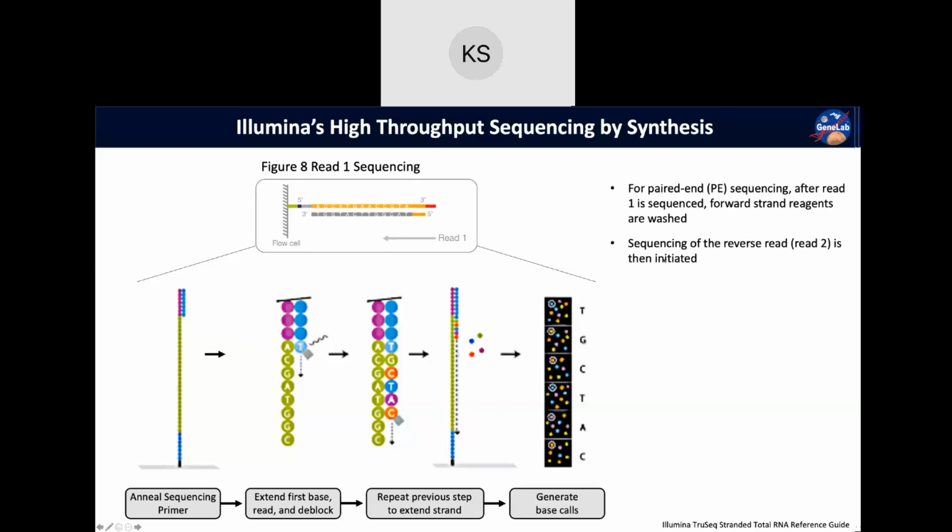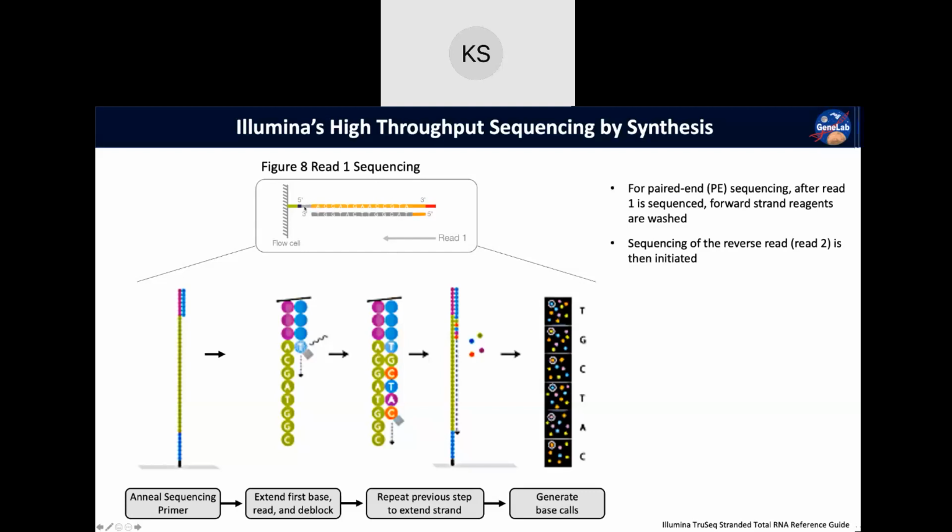And actually, I lied here, because what happens after this is sequencing of your I7 primer. After read 1 happens, those reagents are washed away, and then you have the primer for your I7 come on, and it's going to continue to sequence, right? We always sequence in the 5' to 3' direction.